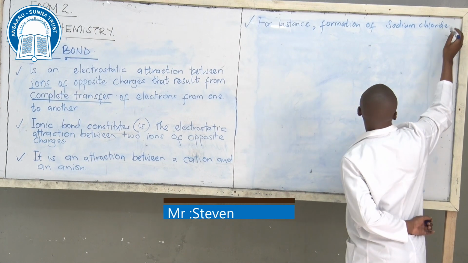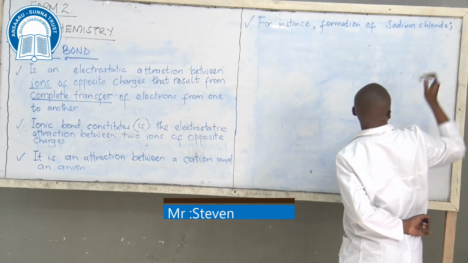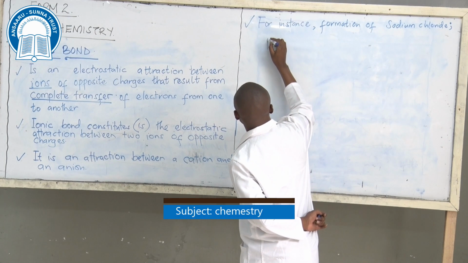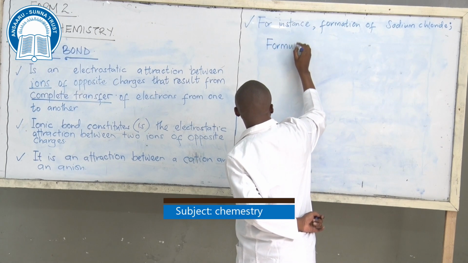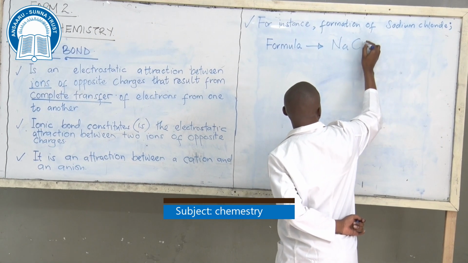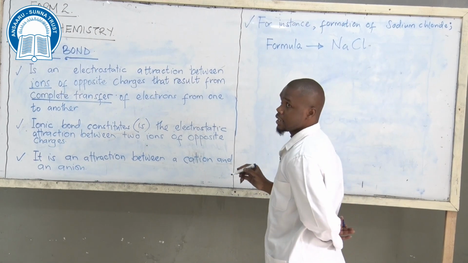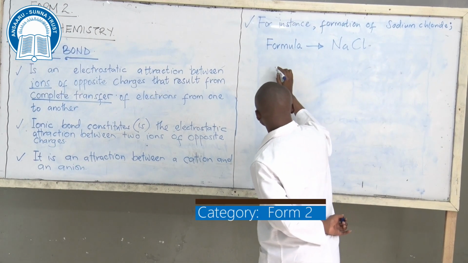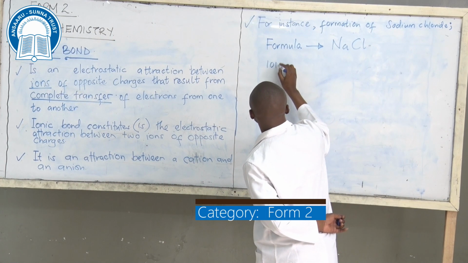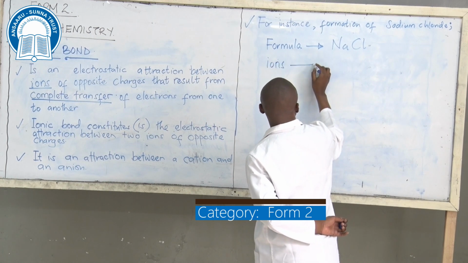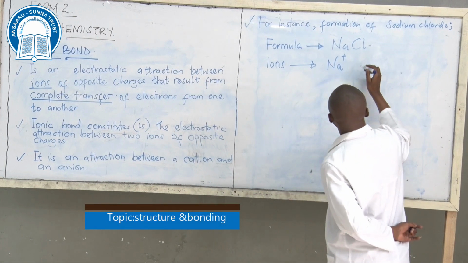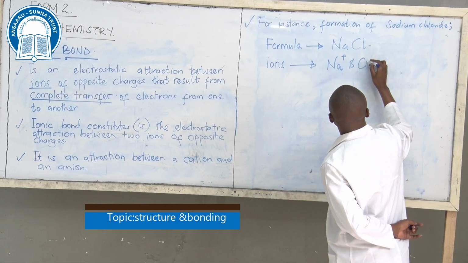And the formation of sodium chloride, if we go keenly, let's start with the formula. The formula we have there for sodium chloride is NaCl. Now NaCl in the real sense takes us to the attraction and the ions. The ions we have are the sodium ion with a positive charge, and the chloride ion with the negative charge.